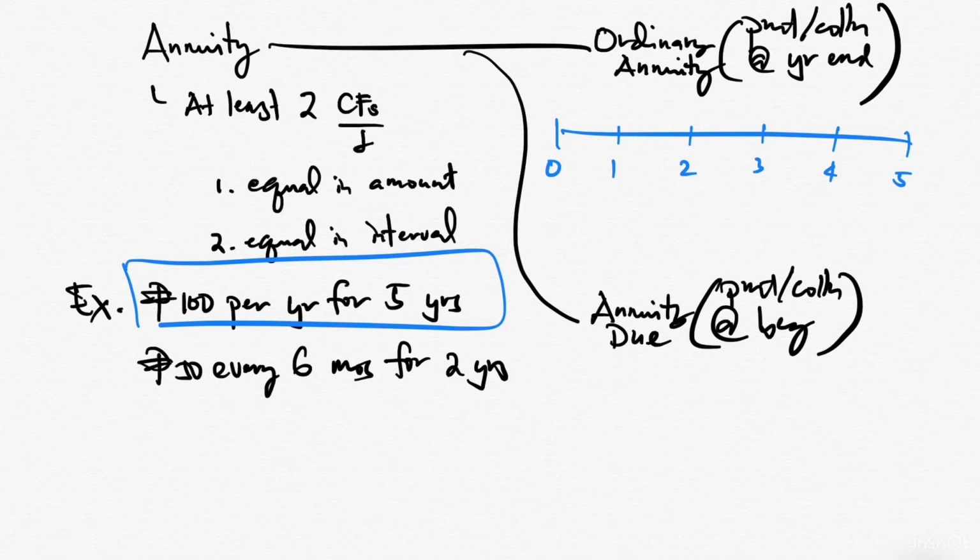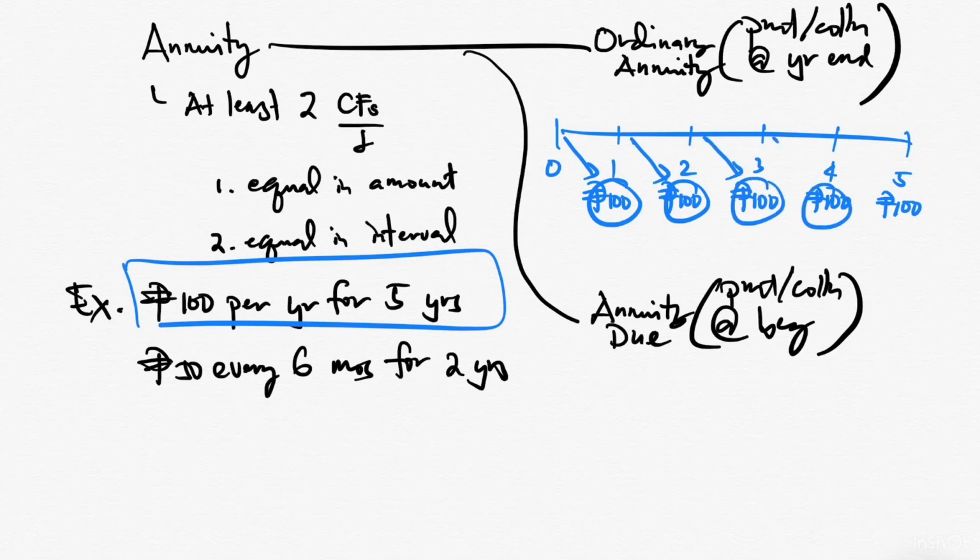So you will be seeing the cash flows here, 1, time 2, time 3, time 4, and then time 5. The very first payment right here, this one, will be payment from time 0 to time 1. And then for this one, time 1 to time 2. This one, time 2 to time 3. And so on. So that is the setup if the annuity is an ordinary annuity. The payment or collection will happen at year end.